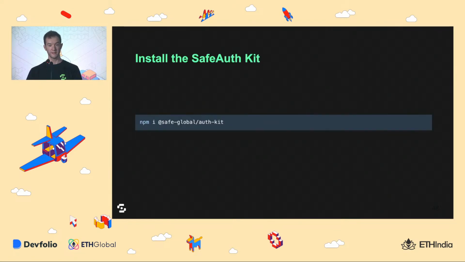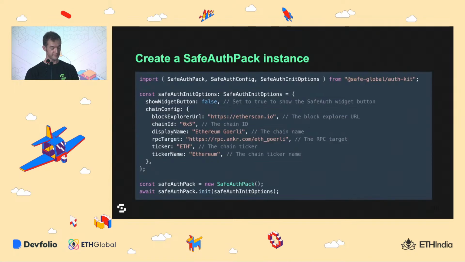So to begin with, installing the SafeAuth kit, you can just type in the console npm or yarn install and the name of the package. Then to create an instance of the SafeAuth pack, if you go to the last two lines, you'll see that we are initializing or creating an instance of the SafeAuth pack, and then we are initializing it by calling the init method and passing some configuration, some options, which are this object here.